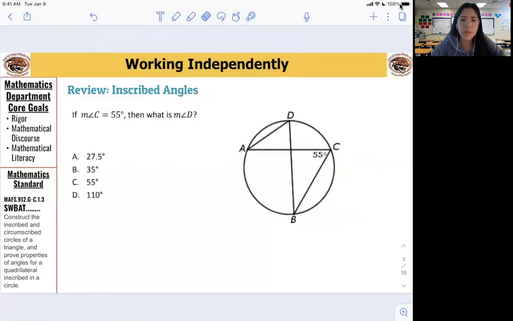Okay. So this is a kind of a different thing compared to what we've done before, but I want you guys to really try and visualize it as best as we can. So if angle C is 55 degrees, the question is, what would be the measure of D?